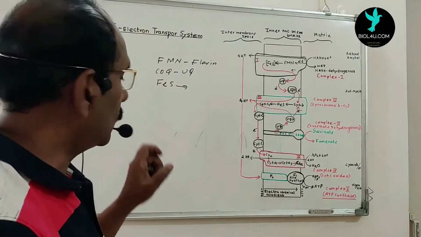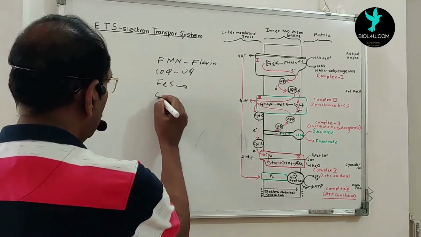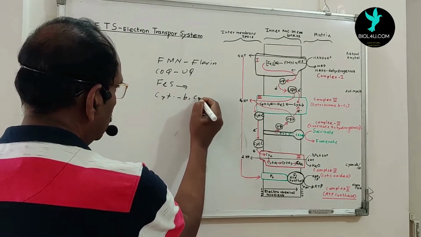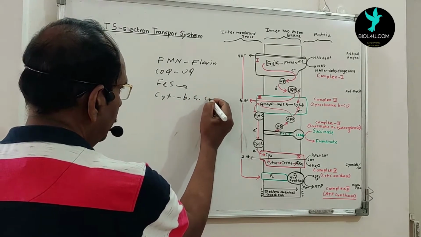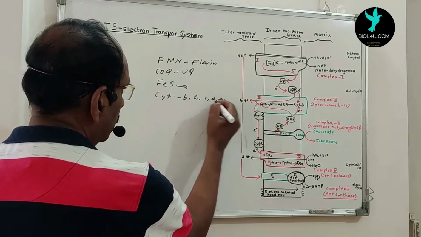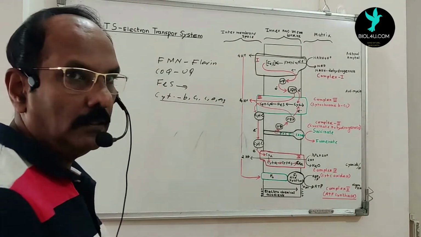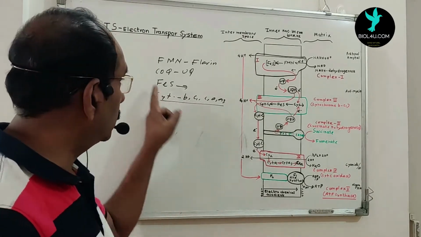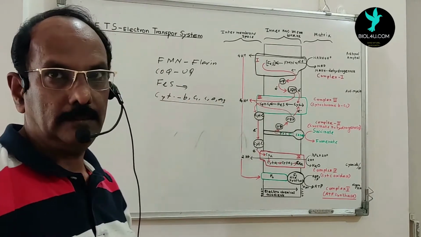Then another electron carrier is cytochrome, iron-containing cytochromes of different types: cytochrome B, C, C1, C, and A3. All these are iron-containing electron carriers. So these are the different types of electron carriers.